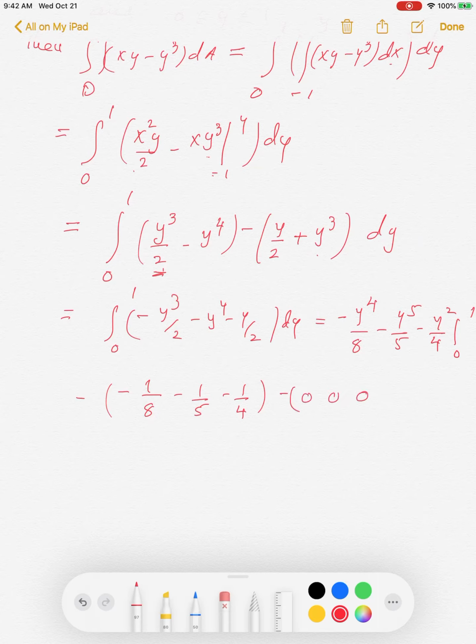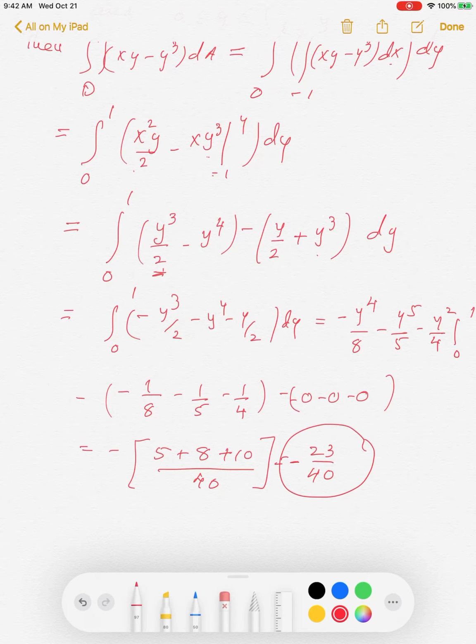The value at 0 will be 0. So this is going to be minus, and the sum of these you can find out. I think the common denominator is 40. Minus sign I have taken out, so it's 5 plus 8 plus 10, 23 by 40. Minus sign.